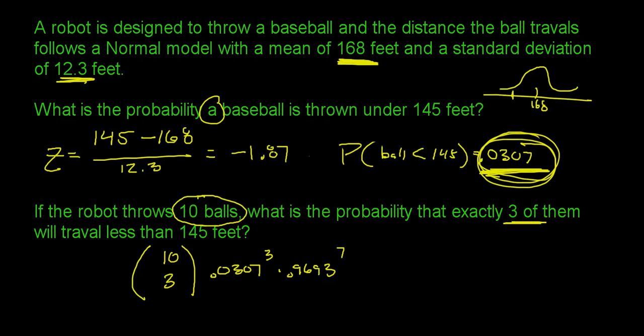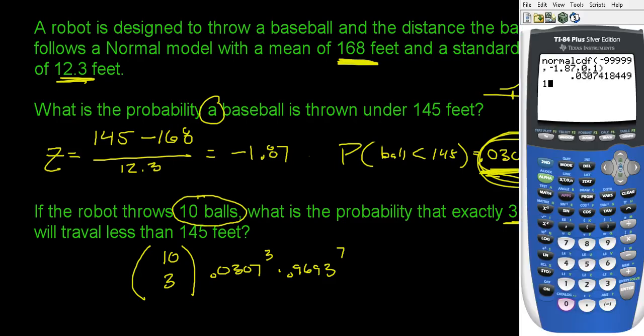But again, I need that 10 choose 3 to tell me how many different ways it can happen, because I don't care which 3 baseballs do this, I just need 3 of them. So 10 choose 3 tells me how many different options there are. Then I'm going to take that 120 and times it by 0.0307 raised to the 3rd, multiply that by 0.9693 raised to the 7th.